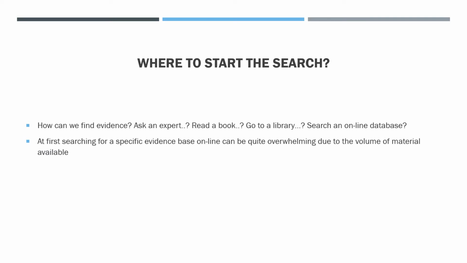So at first, searching for a specific evidence base online can really be quite overwhelming due to the volume of material available. Like I said, I'm sure you've all had some experience of this in first year.